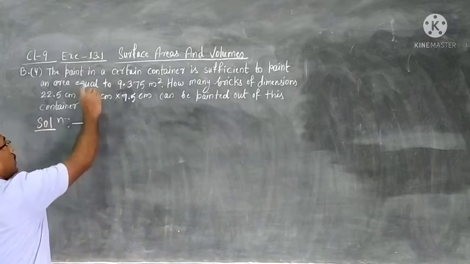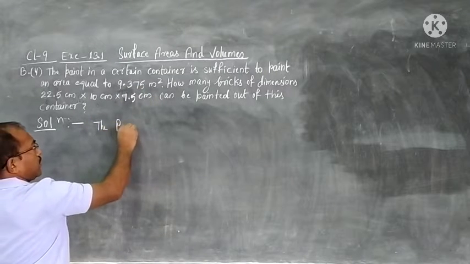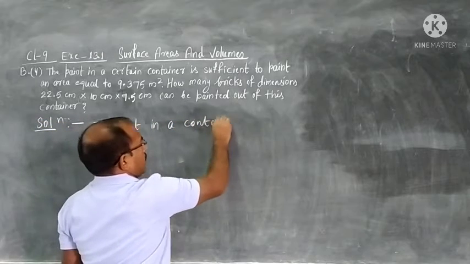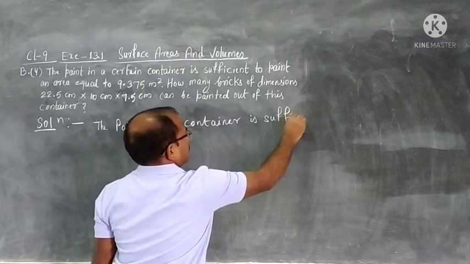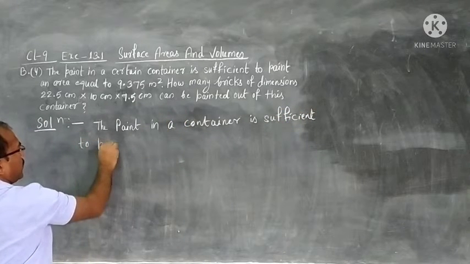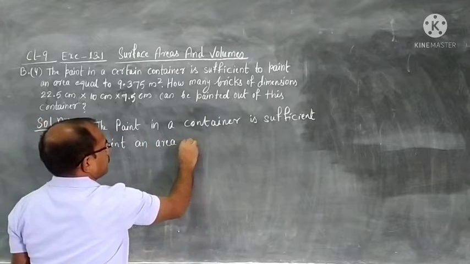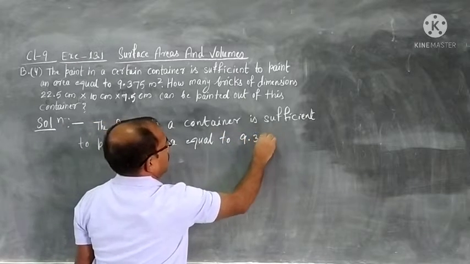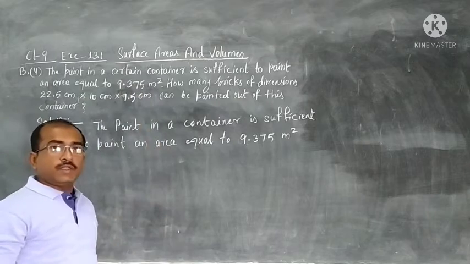So first of all, the paint in a container is sufficient to paint an area equal to 9.375 meter square, and we are seeing bricks have dimensions in centimeter.